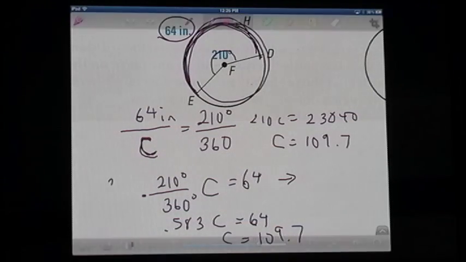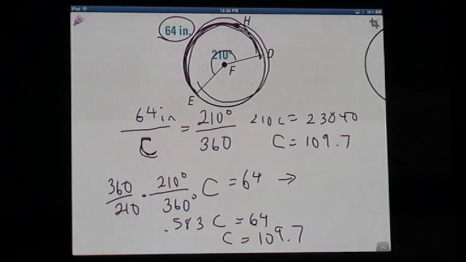You'll want to say 360 over 210. And you might even want to knock off those zeros. And you'll want to multiply both sides by that. 36 over 21. Some of you will reduce it even more than that.